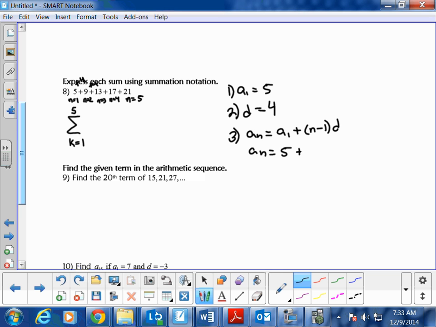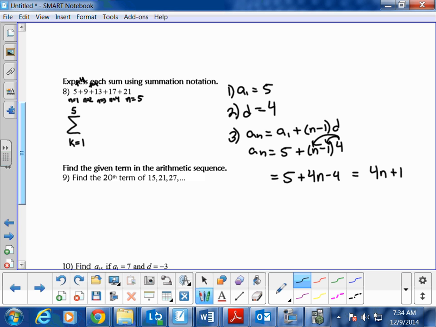So we have 5 plus n minus 1 times 4, which means I have 5 plus 4n minus 4. All I did is distribute, and from here this simplifies to 4n plus 1.